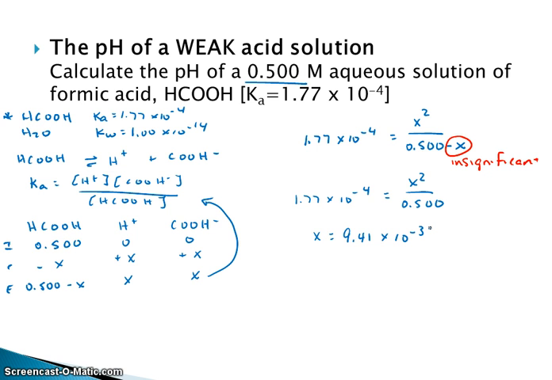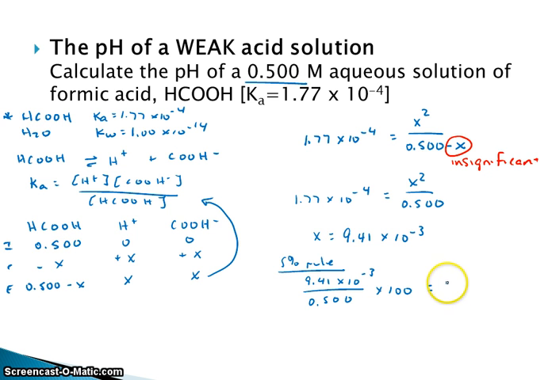Now we want to prove that X is insignificant, so we're going to do our 5% rule. So we'll take 9.41 times 10 to the minus 3, divide it by the original concentration, 0.500, and then multiply it by 100 to get our percent.